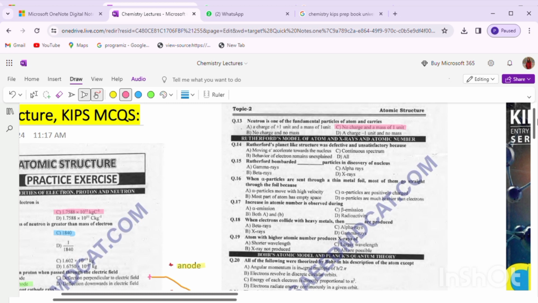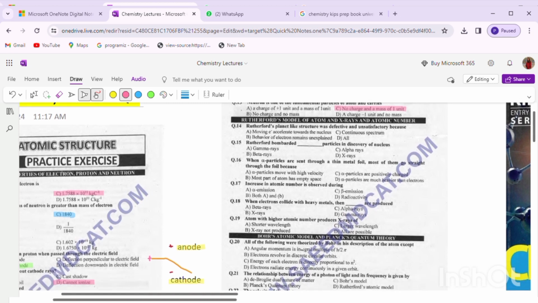Let's read or solve the MCQs from the Rutherford's model of an atom and X-rays atomic number, right? So Rutherford planet-like structure was defective and unsatisfactory because moving electron accelerates towards the nucleus, which he couldn't explain the stability of an atom because of Maxwell electromagnetic theory.